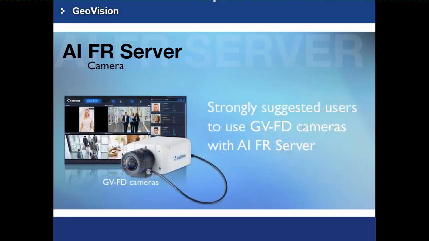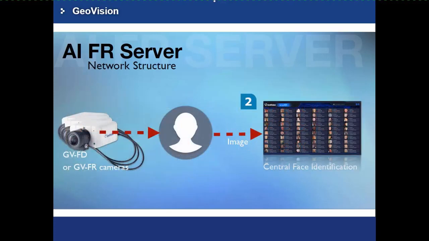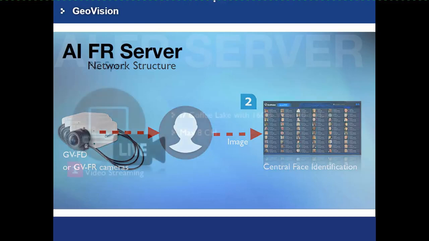The video source could be coming from either GV-FD cameras or any other types of cameras. However, in order to receive the best result of facial recognition, we strongly recommend our customers use GeoVision face detection-based cameras. Here is the other method that the AI-FR server provides, which is a technology capable of identifying a person from a digital image from a video source.